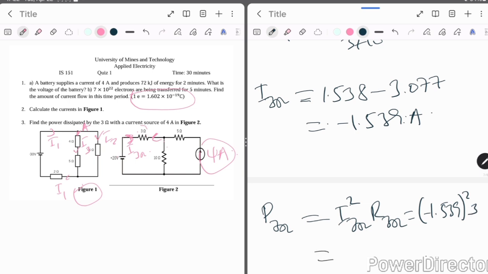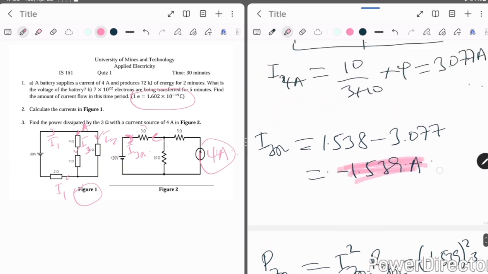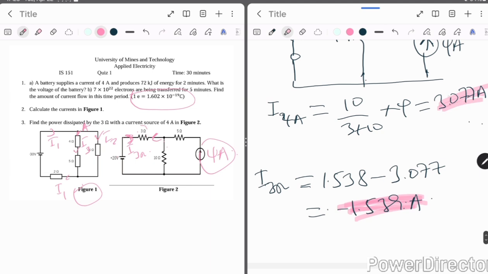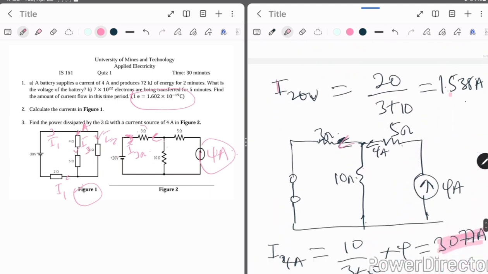That will give us 7.106 watts. So this is our final answer. And these are the currents. And the current here. And then the last current.